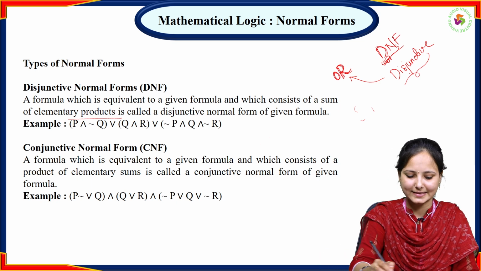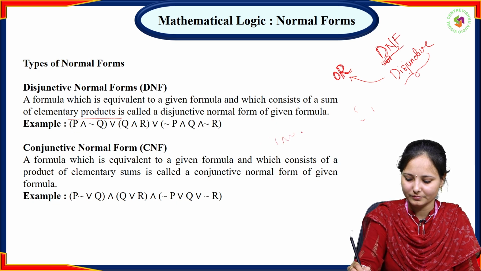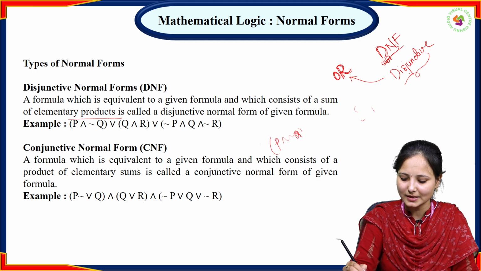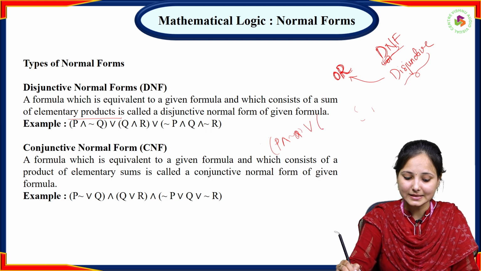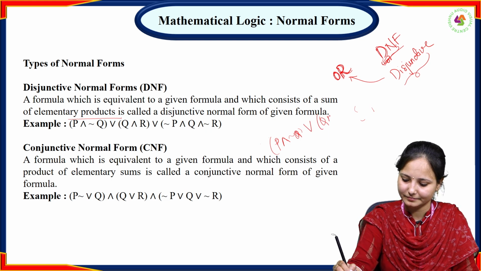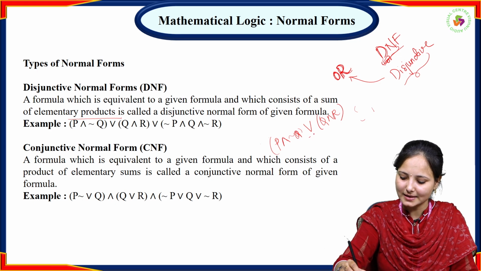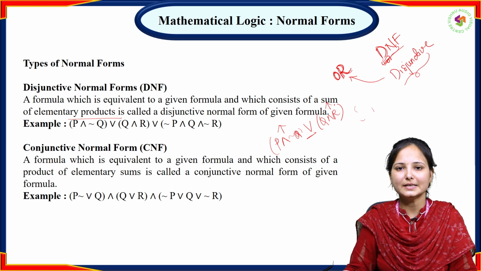for a given formula. For example, here we have P and negation Q. Here we are considering the propositional variables using the terms and we are making this sum of products. We are making a DNF as sum of product terms. So how are we representing the normal forms?